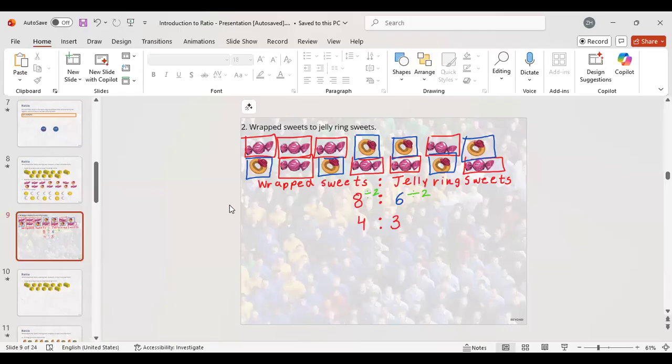For this one, we want to do the same thing we've been doing. We want to write the ratio in simplest form, right?